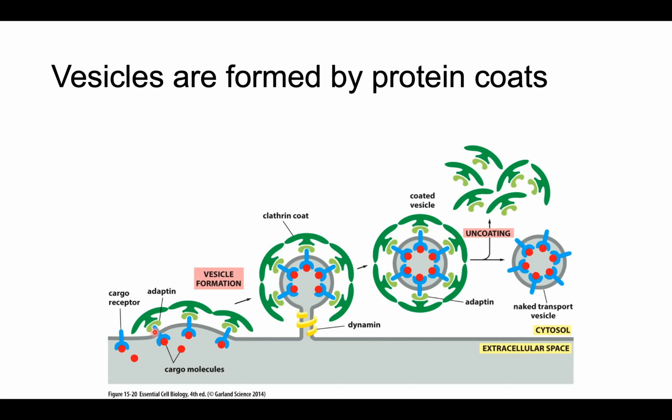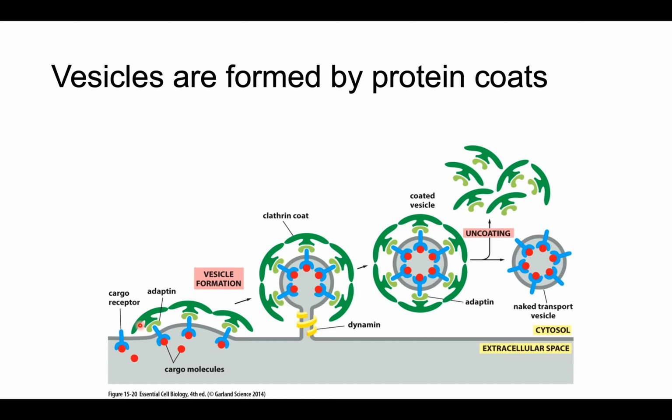This adaptin then binds to our clathrin, this dark green protein right here. So once we have enough cargo molecules binding to these receptors that are then bound to these adaptins, we're recruiting these clathrin molecules that form this mesh over here.